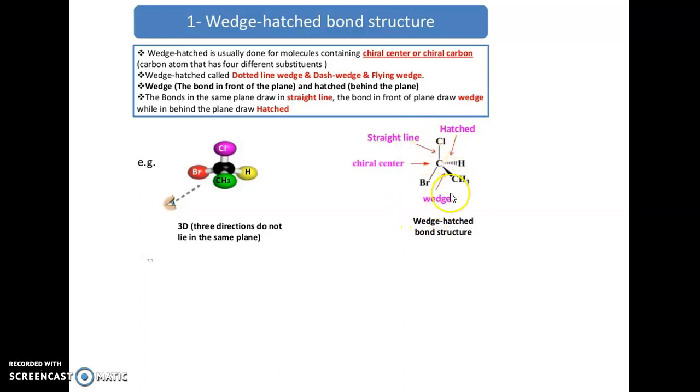This is how we represent molecules having a chiral carbon, bonded with 4 different groups. This is most common in optical isomers, or stereoisomers, which we'll discuss in the coming classes.